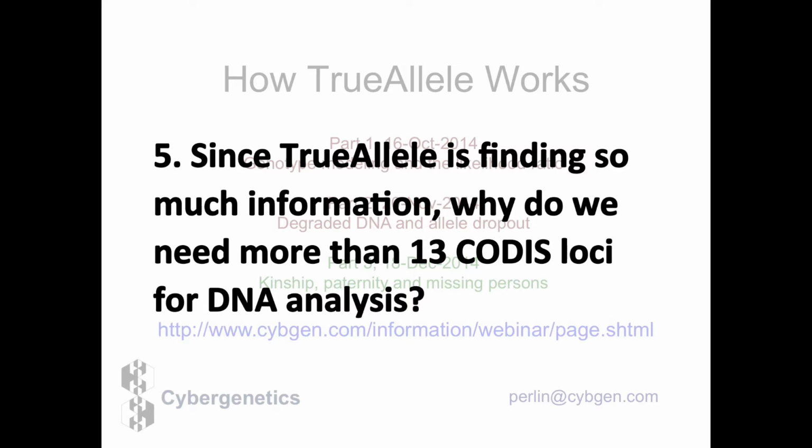The next question is, since TrueAllele is finding so much information, why do we need more than 13 CODIS loci for DNA analysis? Well, that's interesting. If you're using TrueAllele, you probably don't need more than 13 CODIS loci because you're preserving enough of the information in your casework with mixtures and kinship, as well as in the database.